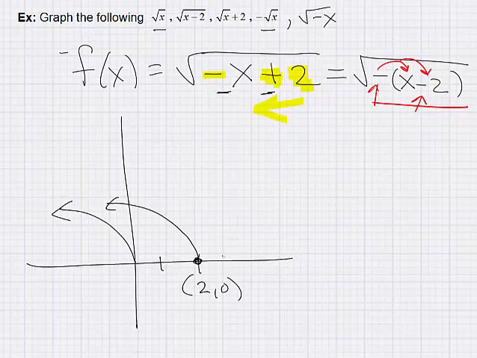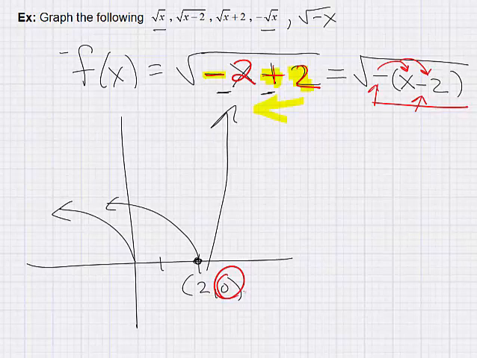Now if I plug 2 into the function, I should get 0. If I plug 2 in here for x, I get minus 2 plus 2 gives me 0. Square root of 0 gives me 0. So you see, I am in the right location, but it was all about the way I looked at the function.